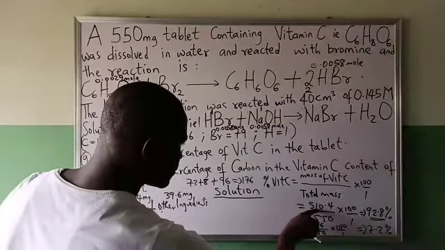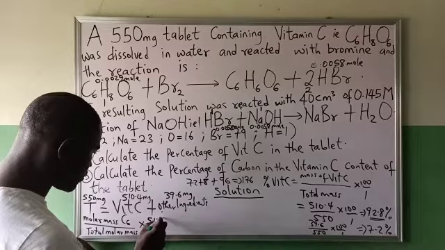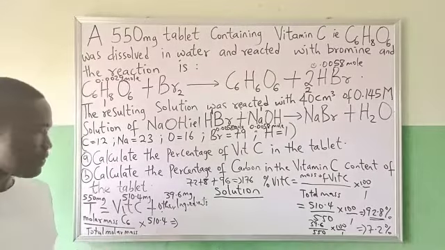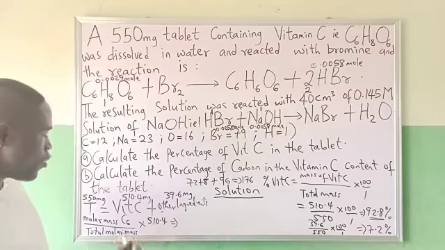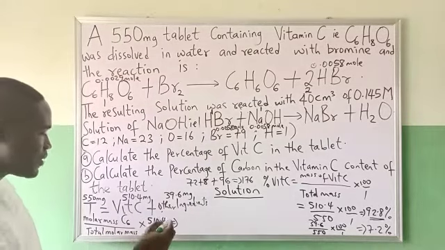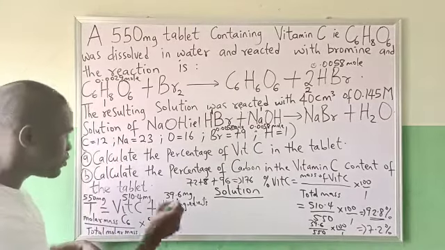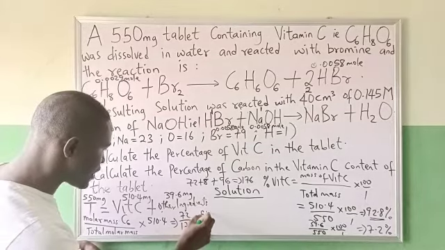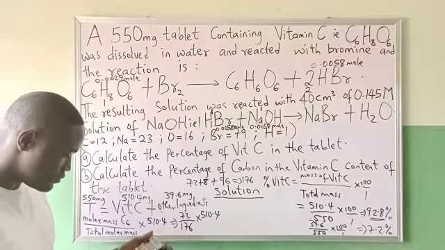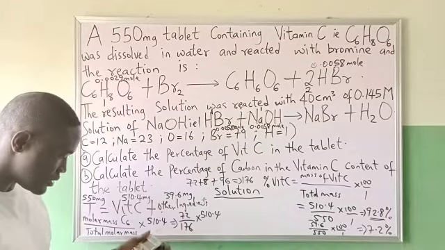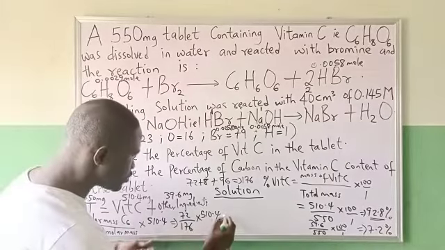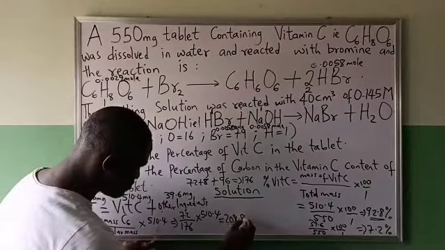What is the quantity of vitamin C? 510.4, so that we get the amount of carbon inside this vitamin C. We want to get the amount of carbon inside this, and that will give us 6 times 12, 72 all over 176 times 510.4. 72 divided by 176 times 510.4 will give us 208.8 milligram.